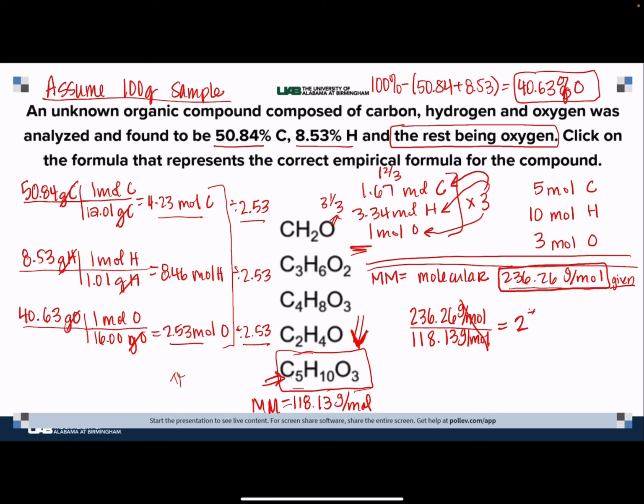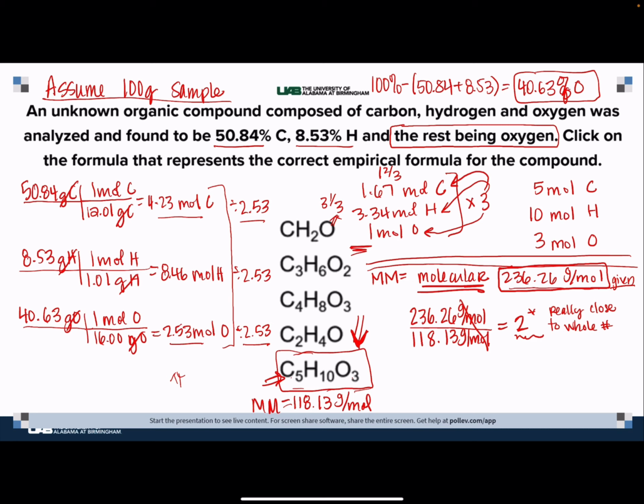Now again, this number here should be really darn close to a whole number. If it's too fractiony, your empirical formula is probably wrong. What this 2 tells me is that my molecular formula is 2 times as big as my empirical formula.